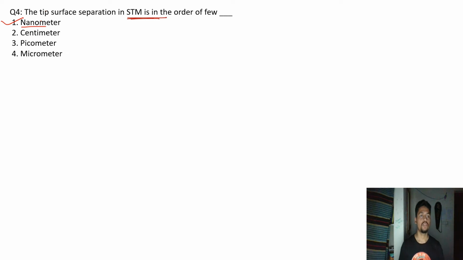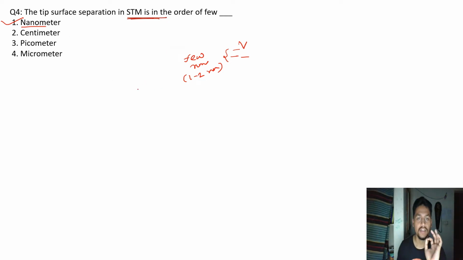We already know about this STM operation, and normally the tip to surface distance is kept at a few nanometers. Obviously, centimeter and picometer are not options. The tip surface separation depends upon the tunneling, right?